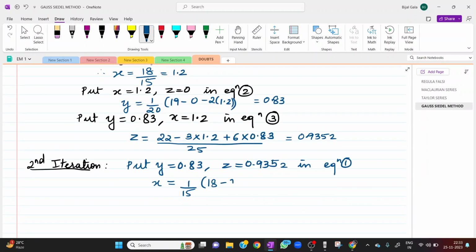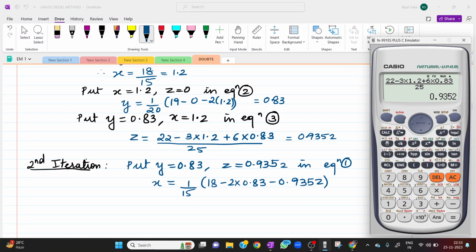So 18 minus 2 times 0.83 minus z. So let's use a calculator. Numerator has 18 minus 2 into 0.83 minus 0.9352 divided by 15.